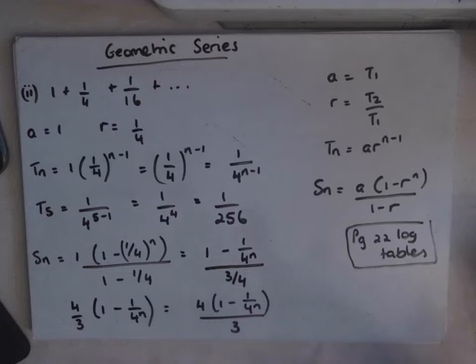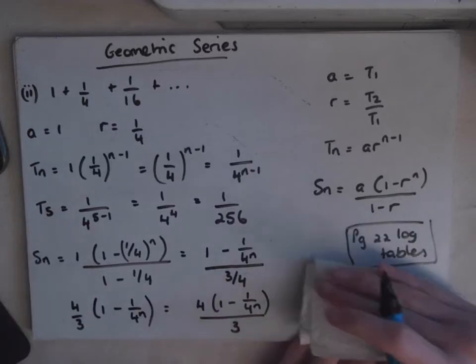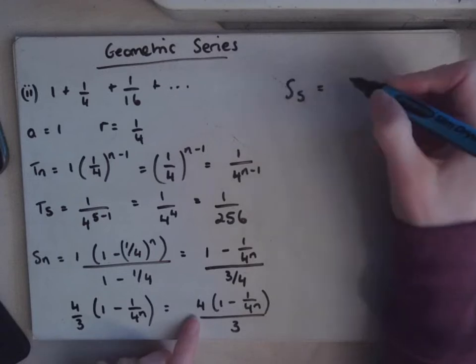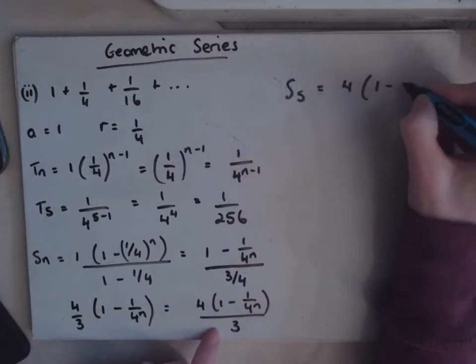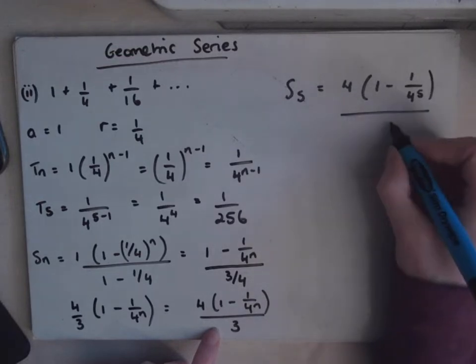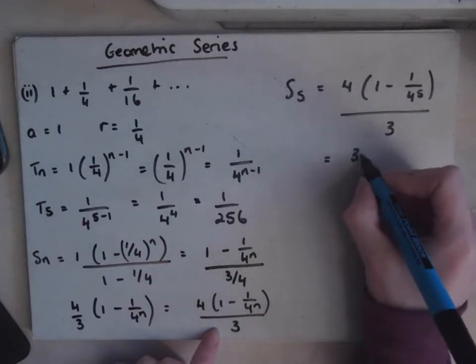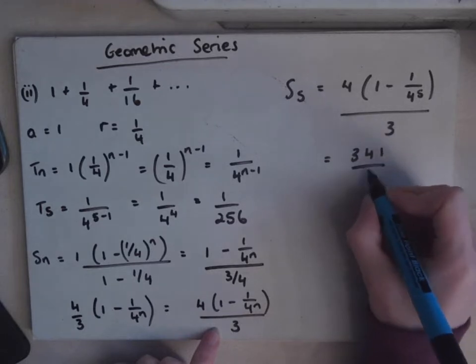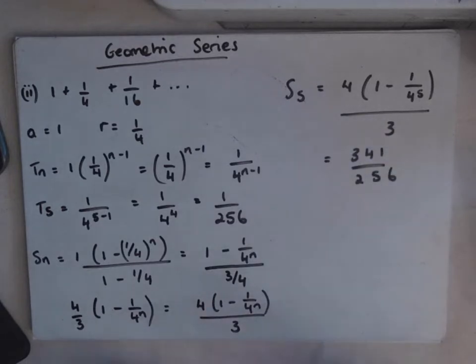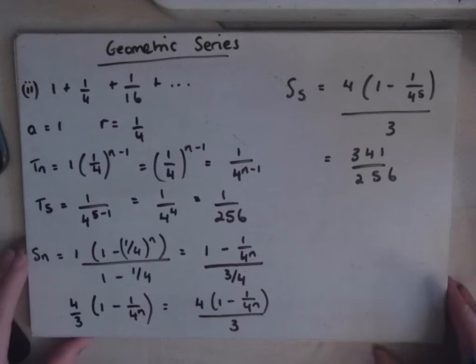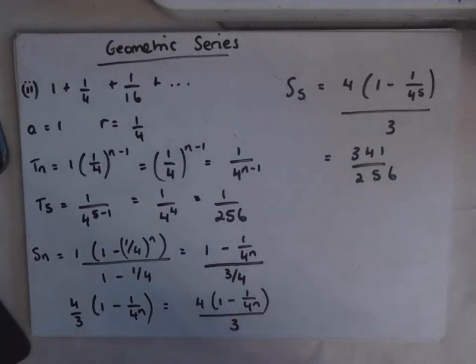And now if I'm interested in S5, I'm just going to fill in 5 down here, and throwing that into my calculator, I get that. Now, let's just do another example where they're giving me different information.